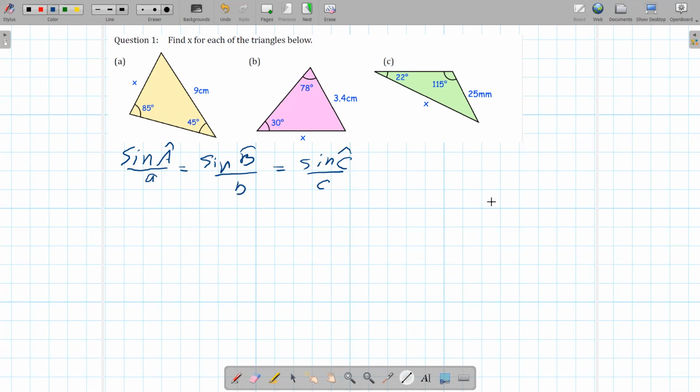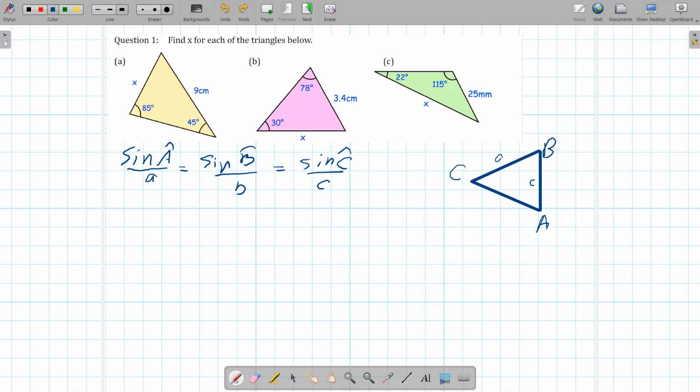Here, if we have this triangle A, B, C, the opposite sides will be C, B and A. I'm sorry about that.